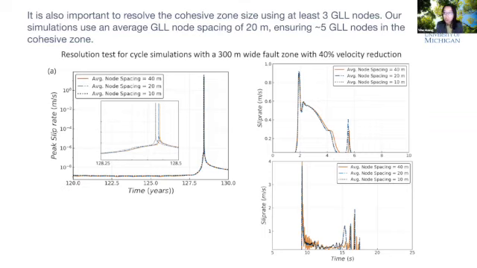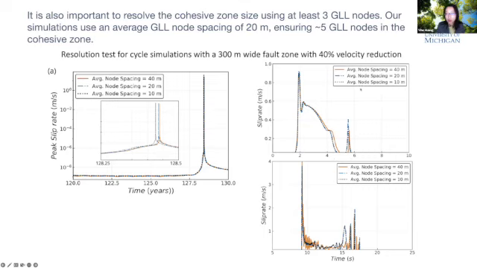Although the resolutions here are important, we find that they don't really affect the onset time of the earthquakes that much. So if you look at the left figure here, this is the peak slip rate for one earthquake in our simulation for different resolutions. And you can see the onset time of these earthquakes actually agree with each other pretty well.